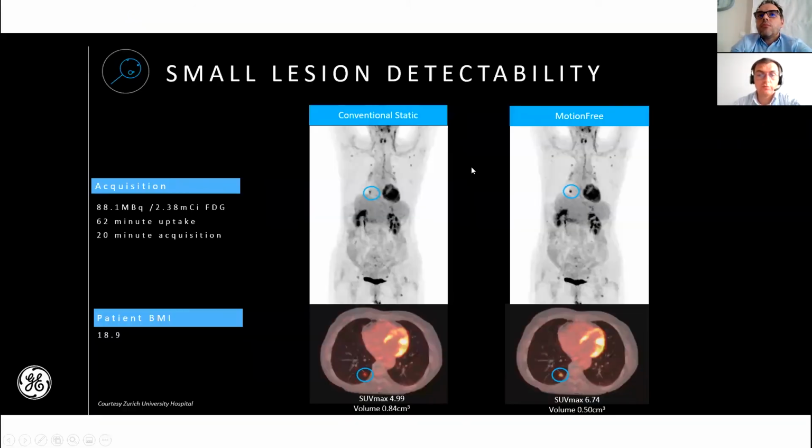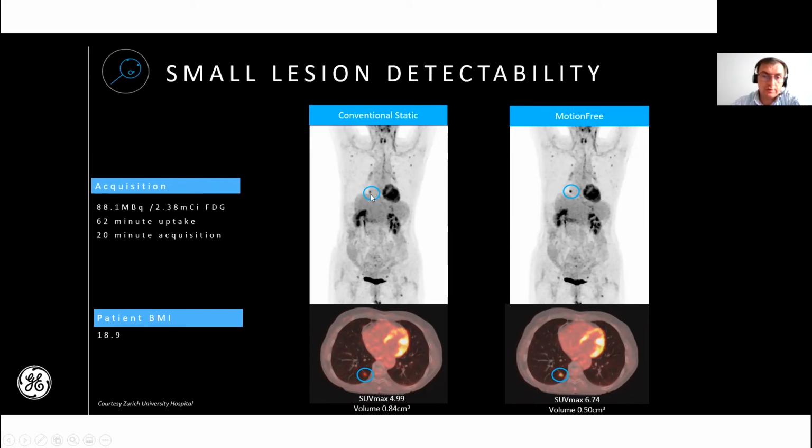Here, I would like to move right now to clinical images, where we are able to see examples where during regular scanning in PET-CT, motion-free was not applied, here on the left-hand side, and on the right-hand side, we could see motion-free. So here on the conventional image, there is, of course, a question where the lesion is localized.